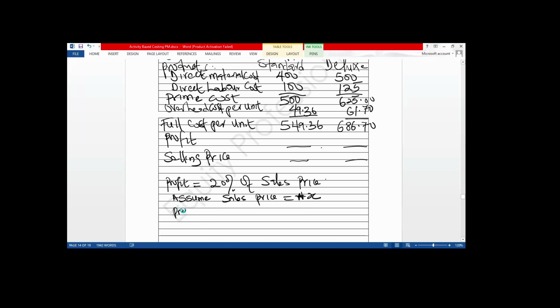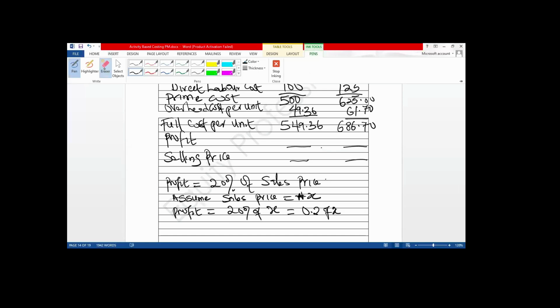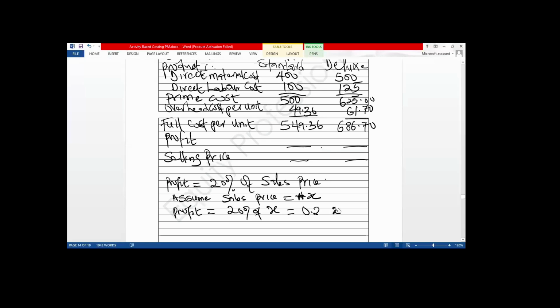That means profit is equal to 20% of X. 20% of X is equal to 0.2 of X.